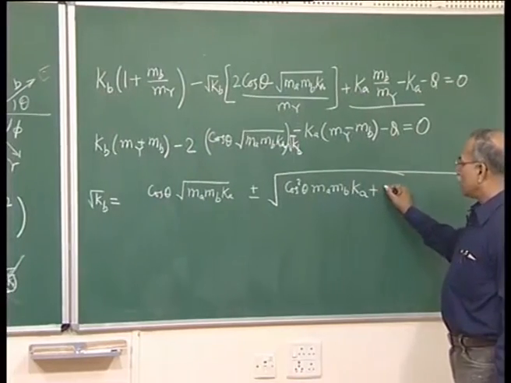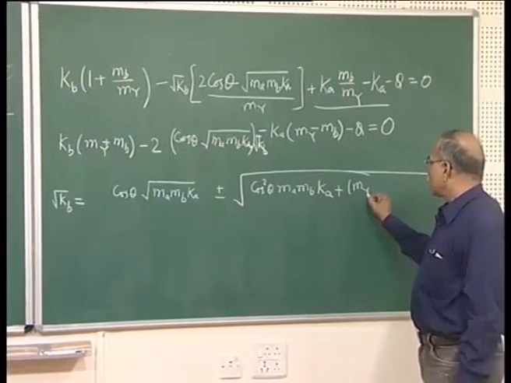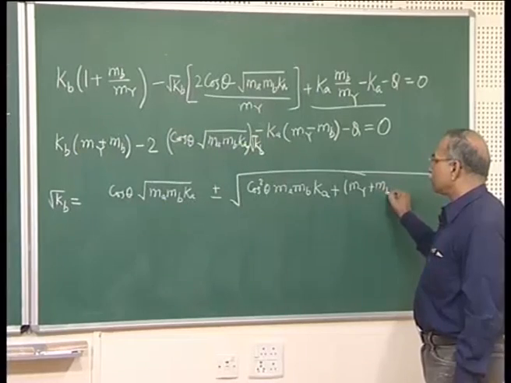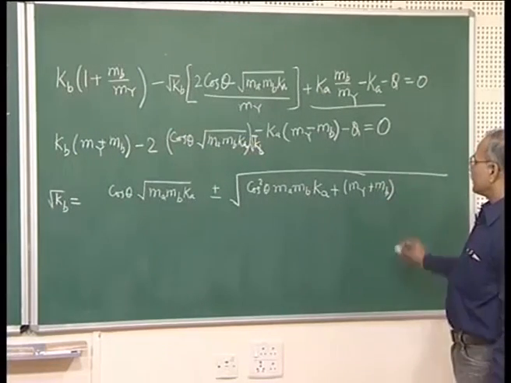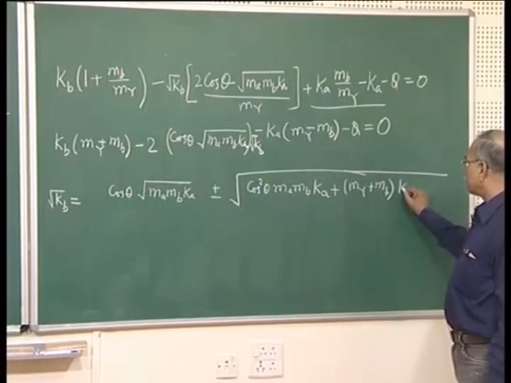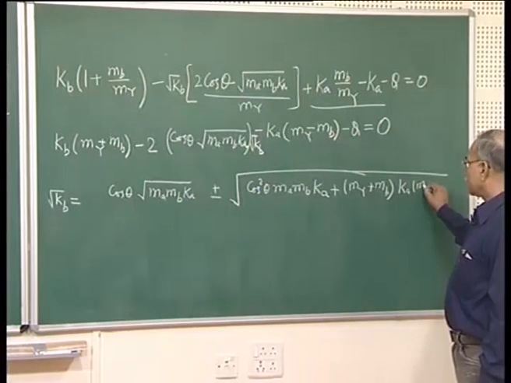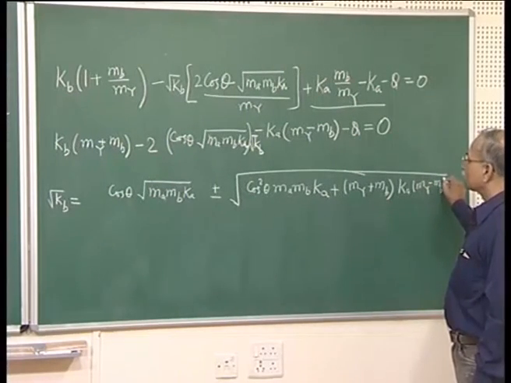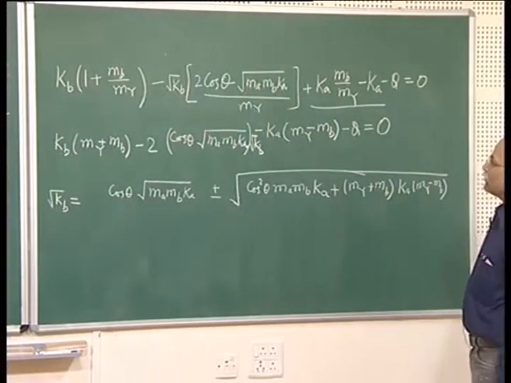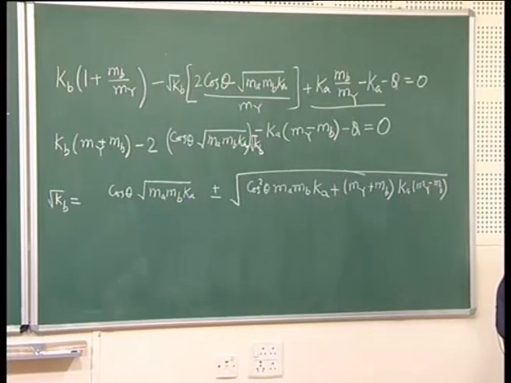So, plus, and this will be my plus mb, and then it will be here ka and then my minus mb. Okay, you should check all those calculations.